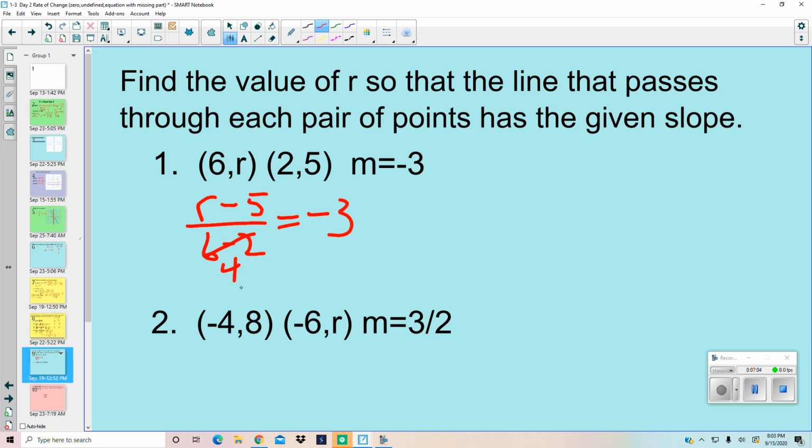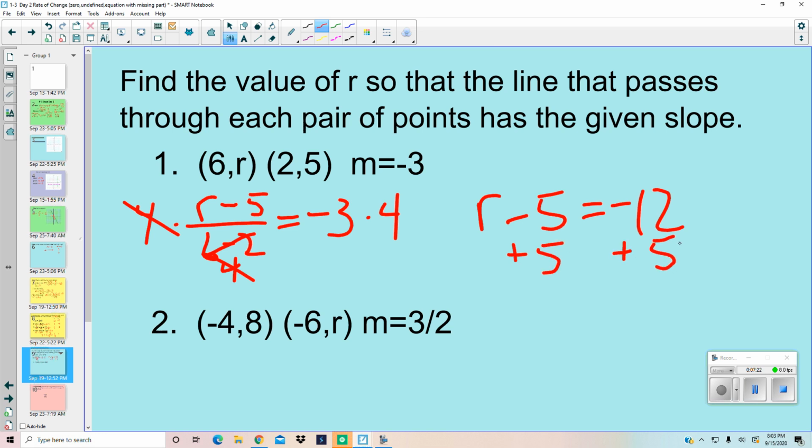So now to solve for r, I have to get that 4 out of the denominator. So I'm going to multiply by 4 here and here. So that's going to give these 4's canceling. I'm going to have r minus 5 equals -12. So how do I solve for r? I add 5. So r equals -7.